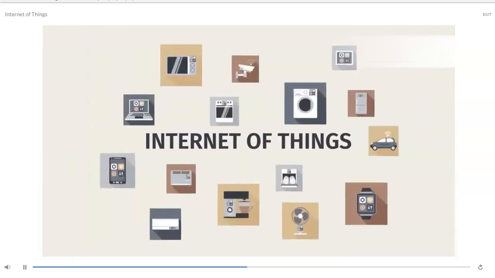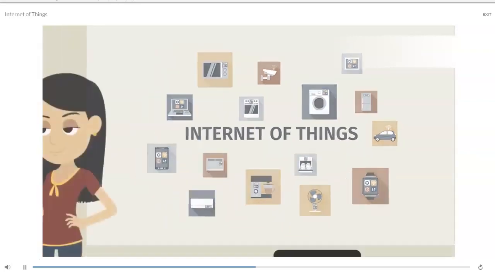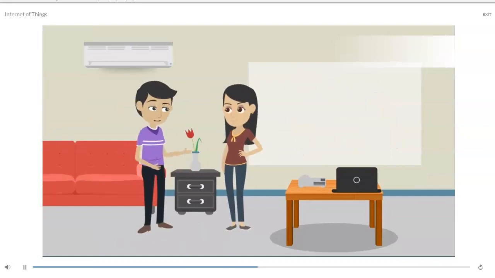These devices collect useful data with the help of various existing technologies and then autonomously flow the data between other devices. But how does this happen? There must be some complexities involved to make such things happen, isn't it?